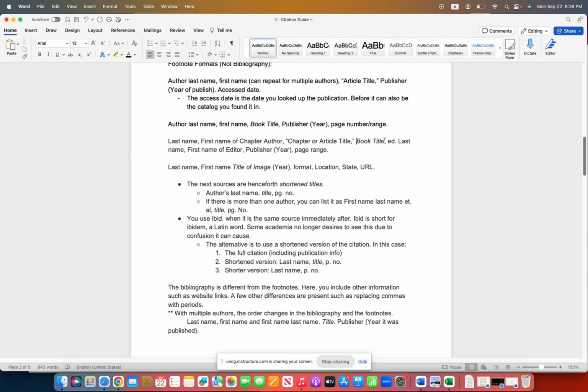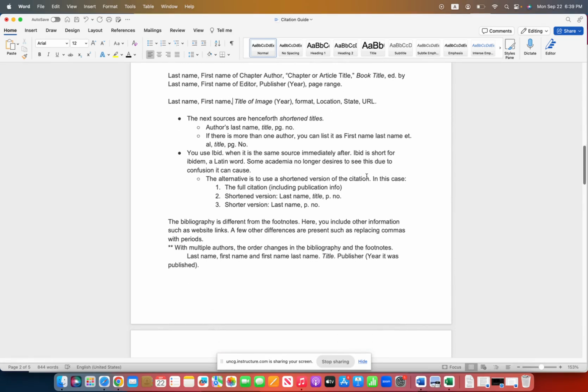There's usually different academic groups that will combine different essays into a journal and publish it that way. Then you're going to put this "ed.", it means the editor. It means it's been edited by, my apologies, it'll actually say edited by, and then the name of the editor, the publisher, the year, and then the page range. You can also do the same thing with images.